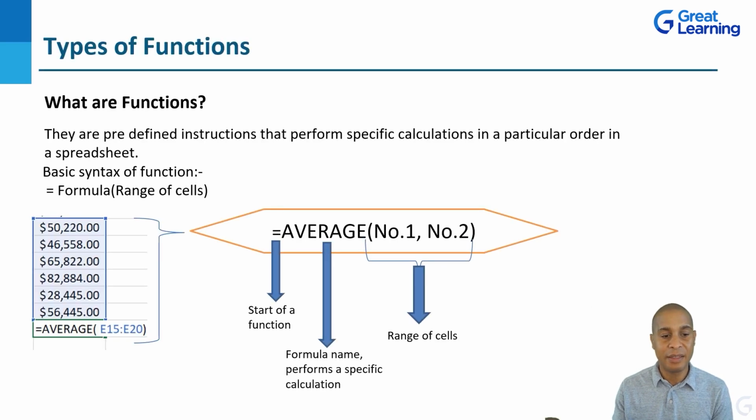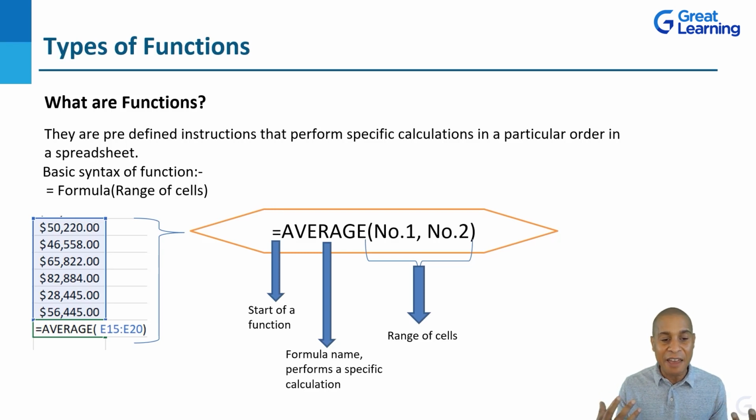So let's talk about functions, which are an essential part of Excel. And what is a function? They are predefined instructions that perform specific calculations in a particular order in a spreadsheet. And functions exist in every analysis platform. If you use coding, if you use BI tools, functions are your way of being able to execute repeatable instructions. So the basic syntax in Excel is we have a formula and then we execute that formula over a cell or a range of cells.